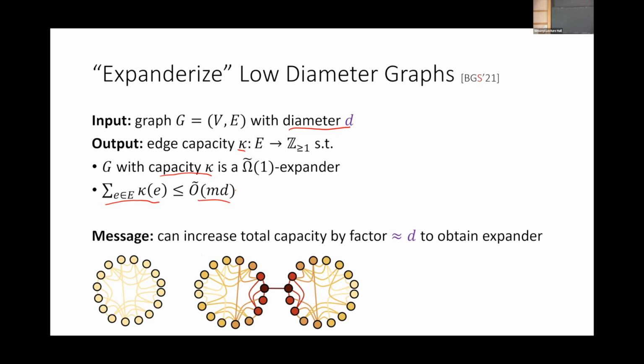But what this theorem says is that it's possible to increase the capacity on the part which is a bottleneck. And you just need to increase the total capacity by something small, let's say a polylog factor, because the diameter of this graph is actually small, like log n. So you can just increase the total capacity by a log factor. And now the part near the bottleneck is not a bottleneck anymore, and you obtain an expander.